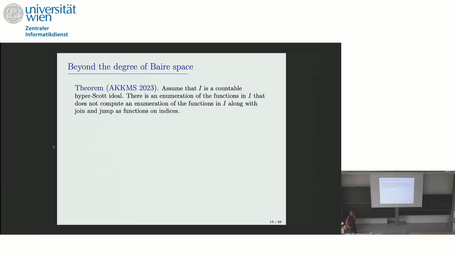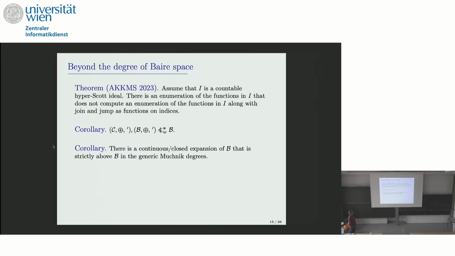This is a survey. What it tells us is that these structures are not below Baire space, and in fact that there's a continuous expansion of Baire space that is strictly above Baire space in the generic Muchnik degrees.